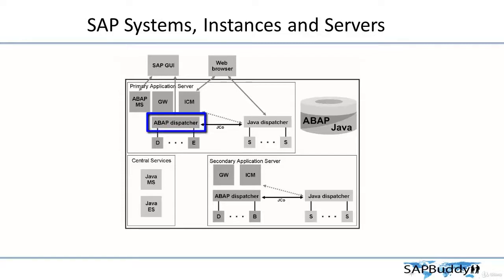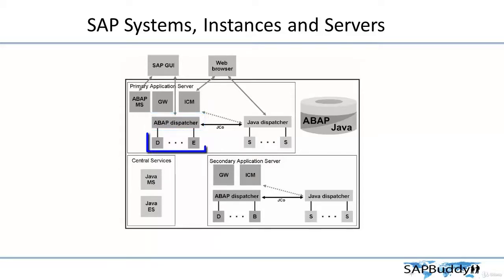And then we have the ABAP dispatcher, which dispatches the request to the work process. If all the work processes are busy at the moment, then the requests are queued in the dispatcher queue, then it will dispatch based on the availability of the work processes.